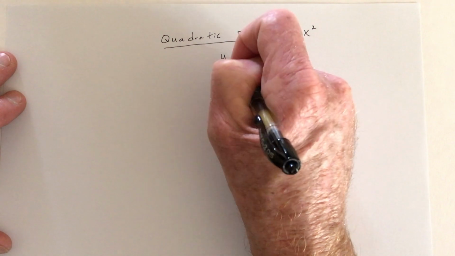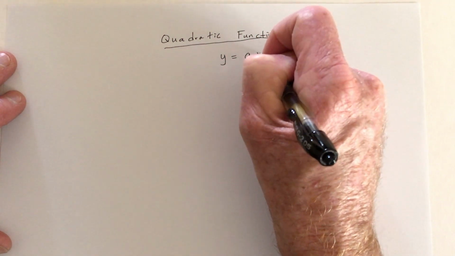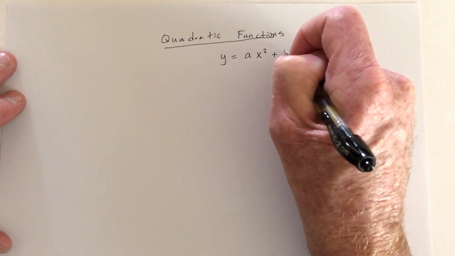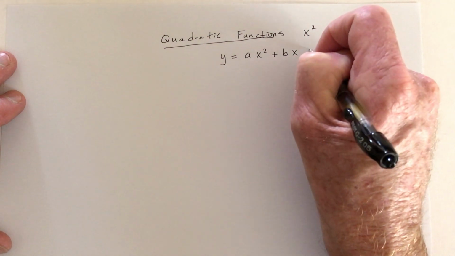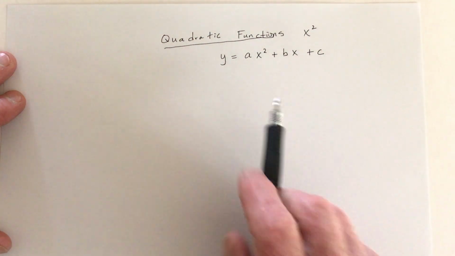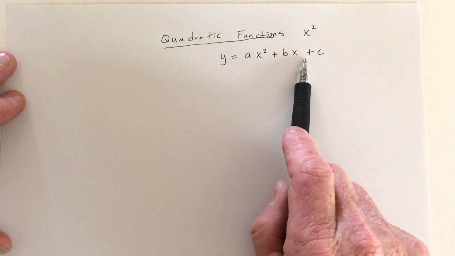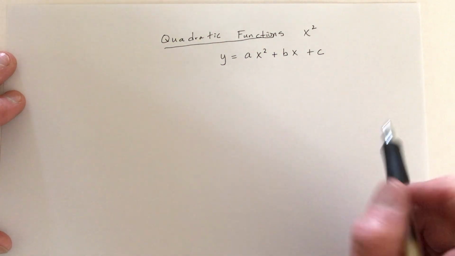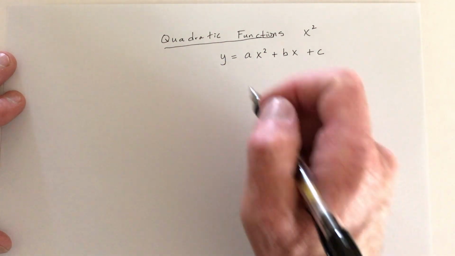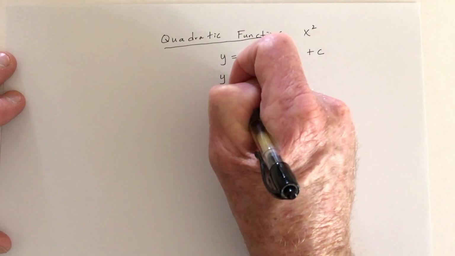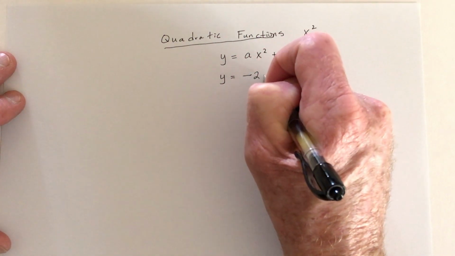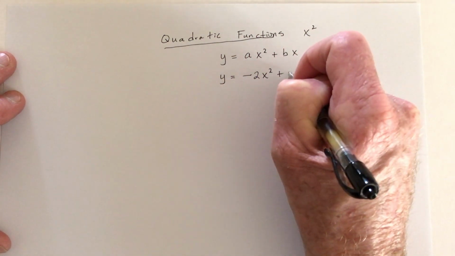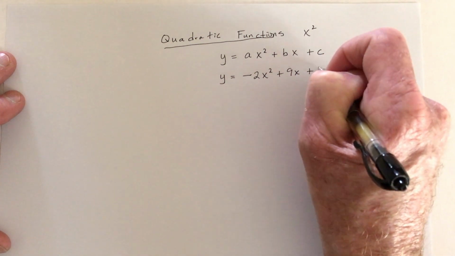So in general, you'll have something times x squared plus some number times x plus some other number. So this is a general quadratic function. And let me just show you real quick how to graph that. So if you have y equals, so let's just say negative 2x squared plus 9x plus 4.